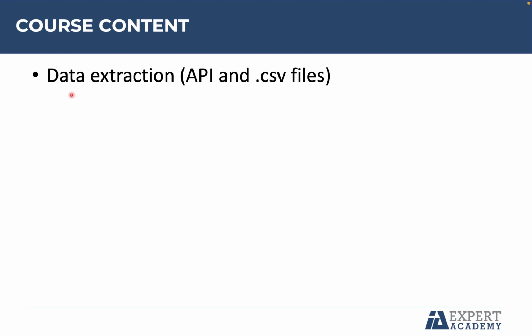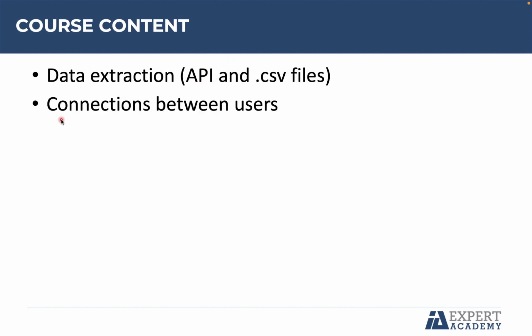First, you will learn how to extract data from LinkedIn using the API and downloading CSV files. The course will focus on analyzing the data from these files, as it is possible to obtain more information compared to the API.